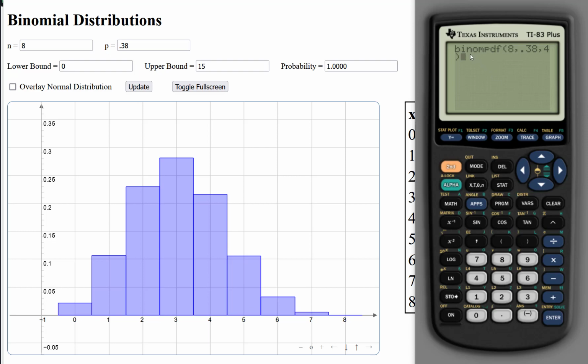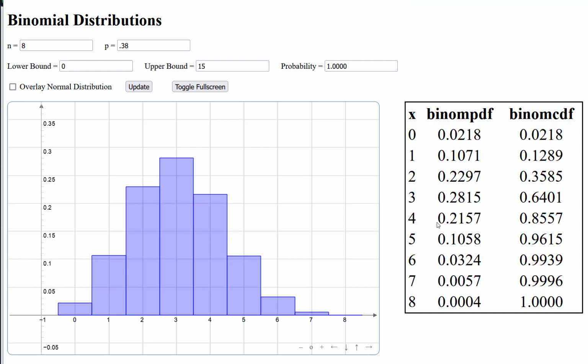What this does is plug it into a formula for binomial probabilities and output the answer. 0.2157, we'll round it to, and that's exactly what we have right here. If we had done that for every single value of x going from 0 up to 8, this would be the output. And if we graph those values on a histogram, this is what that histogram would look like. So that's where all this is coming from.